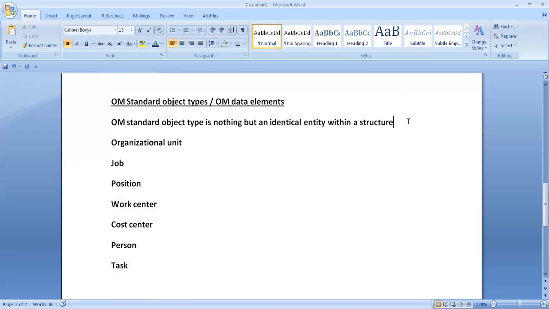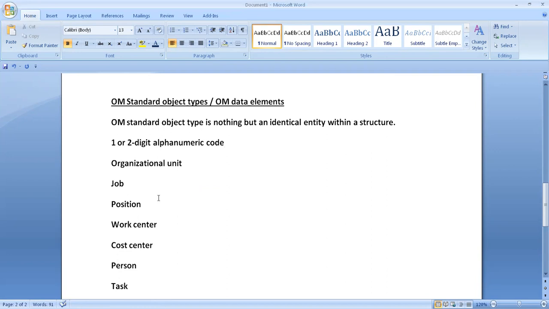So this object type is a one or two digit alphanumeric code.